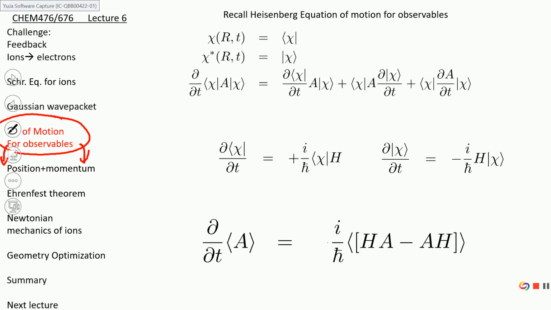The expectation value is a bridge that connects the abstract wave function and the real world. Remember, we were writing down this integral of the wave function squared times r dr. So it is how to find the expectation value of position. But for any observable, there is a way to implement this concept and write down the expectation value.